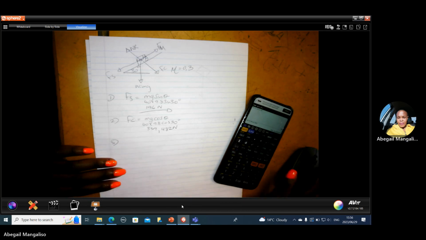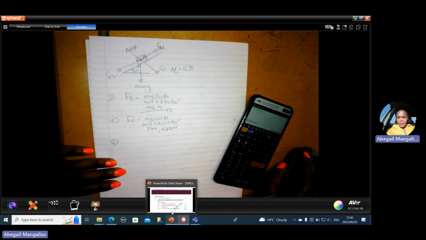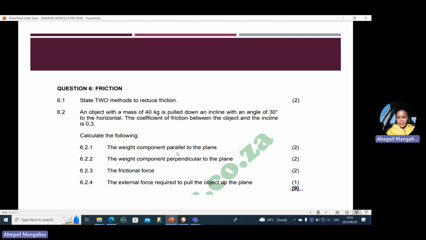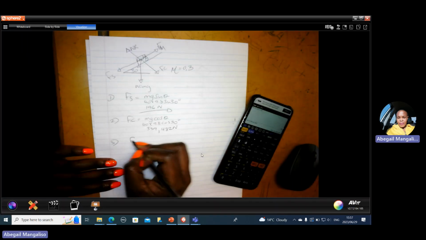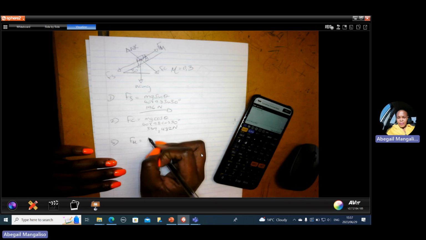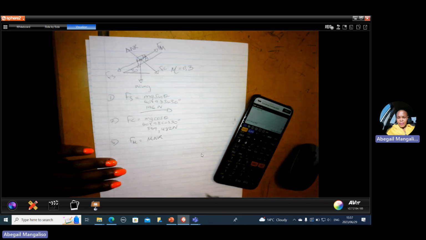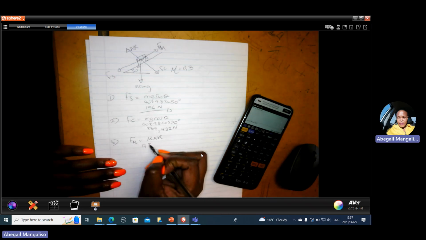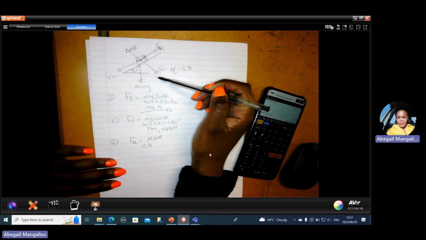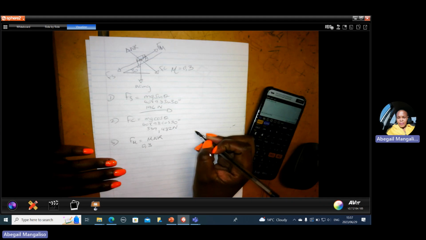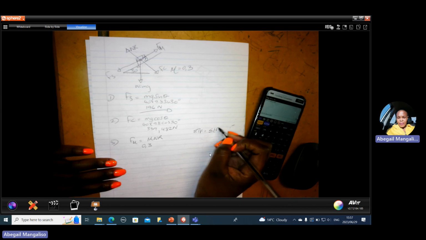Number three, to calculate the frictional force. The formula for a frictional force would be given. Frictional force would be equal to mu multiplied by N. So the value of mu is 0.3. The value of normal force: if you do the equilibrium equation, the sum of the upwards will be equal to the sum of the downwards.